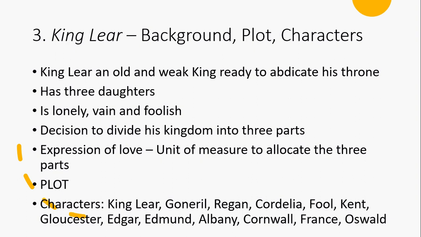So he decides to divide his kingdom into 3 parts and give these to his 3 daughters. But then, how will he give these 3 parts to his 3 daughters? He has a condition. Each one of the 3 daughters will have to express their love for their father. So love for their father becomes the unit of measure to allocate the 3 different divided kingdoms among the 3 daughters.